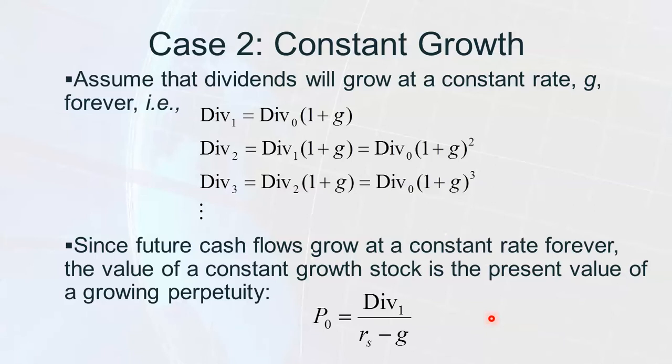That's going to give you the stock price right now. So this is the constant growth model. The dividend grows at a constant rate forever. It's not the dollar amount, but the percentage change in the dividend that is growing at a constant rate. That's why we call this the constant growth model.